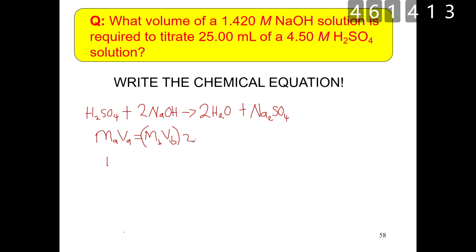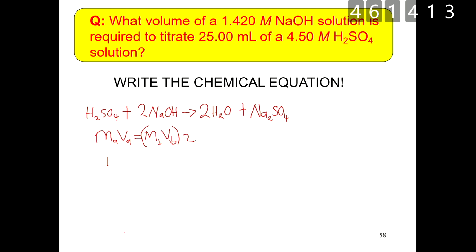Is it correct or not? I think it's correct, I'm not sure. This is more number of base, right? This is more number of acid. Which one is larger? The base. For the base it's 2. Base should be 2. Base is larger, right? Now if you change it in acid, MA times, that should be 2.